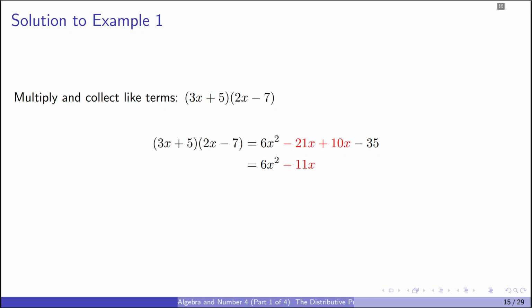And that's how many x's we have. So these collect to be negative 11x. We cannot collect them with the x squared term. We have to have identical variables with identical exponents to collect our like terms. Finally, our constant term, the only term without exponents, is a negative 35. So 3x plus 5 times 2x minus 7 is 6x squared minus 11x minus 35.